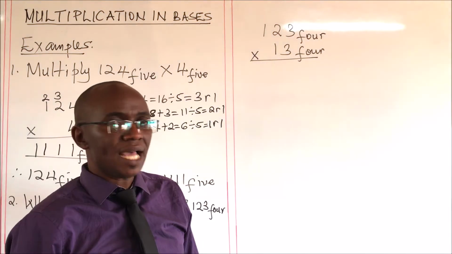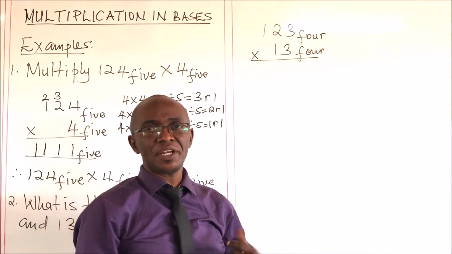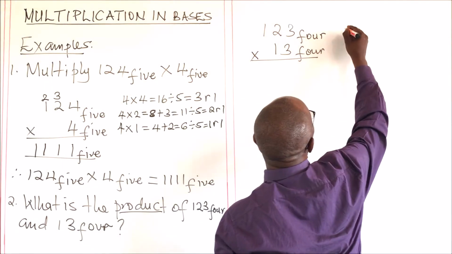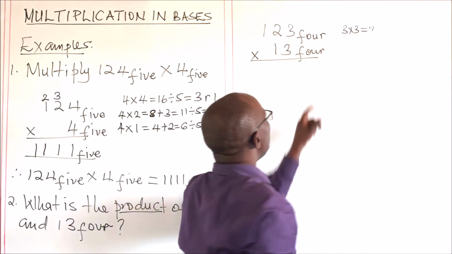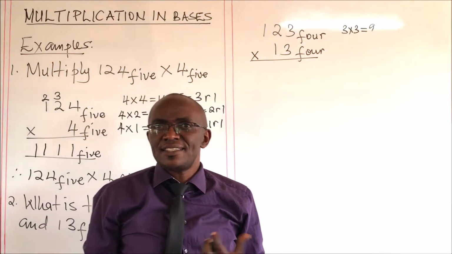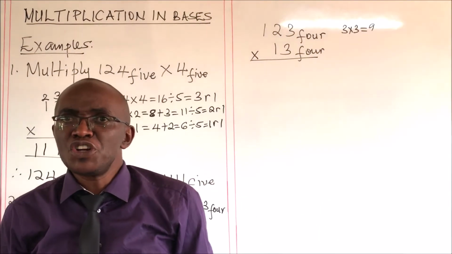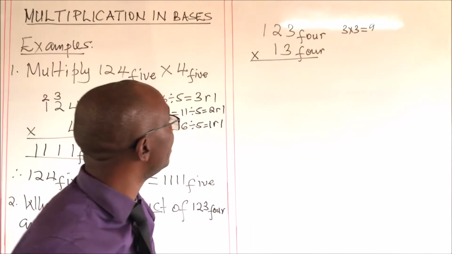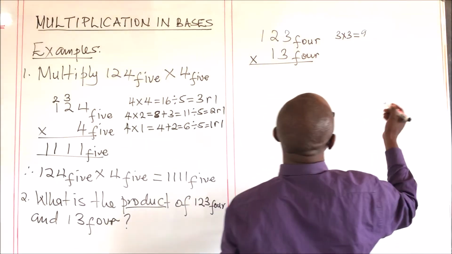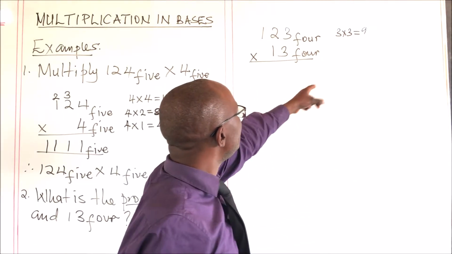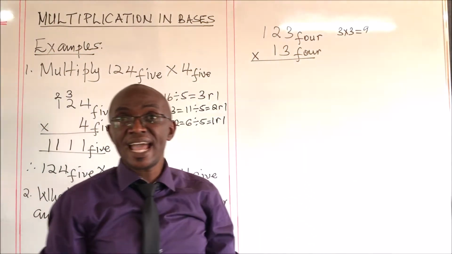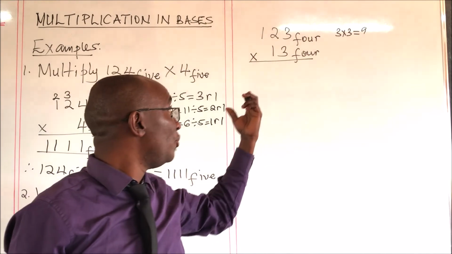Okay, we straight away start. 3 times 3, we get 9. But we cannot write 9 in base 4. The digits we use in base 4 are from 0 up to 3. So we can't write 9 in base 4 because 9 is greater than the base we are dealing with.